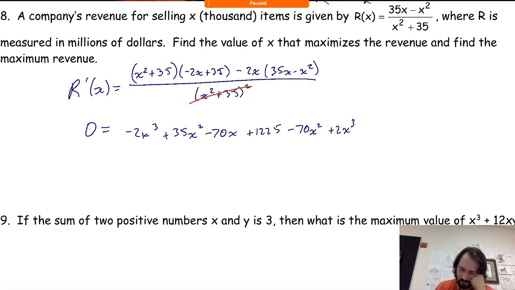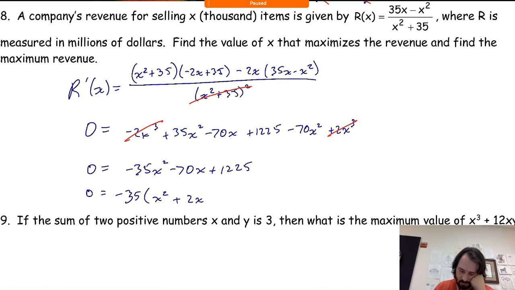So I lose my 2x cubes. That's nice. So I have 0 is negative 35x squared minus 70x plus 1225. I can divide by 35. So I have x squared plus 2x minus 35.